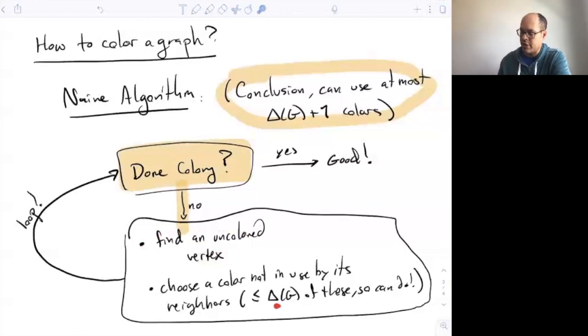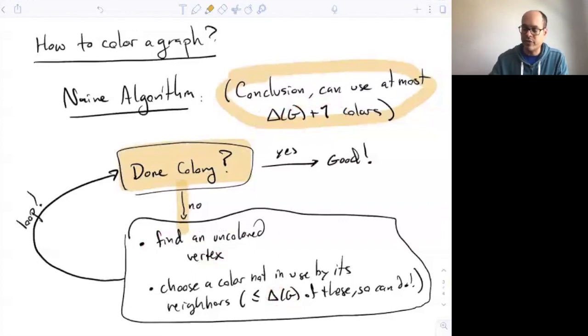There are at most delta of G of those neighbors, and we have delta of G plus 1 colors at our disposal. So we just choose a color that we haven't already used on one of the neighbors. You've used at most capital delta, so you can always find such a color. And then we just color that vertex.